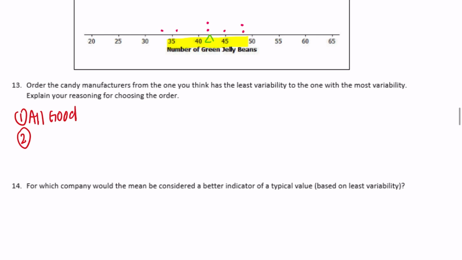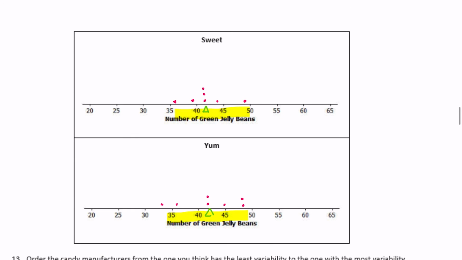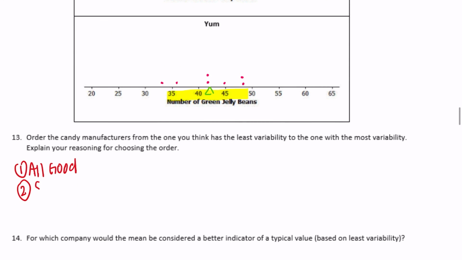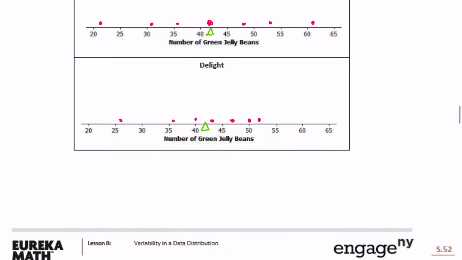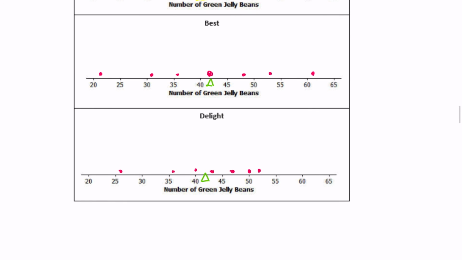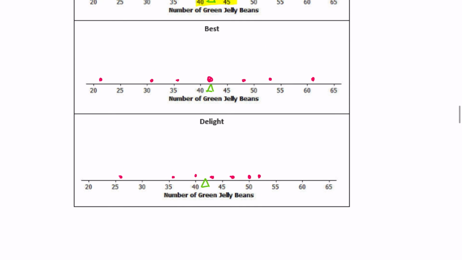All Good. Then 2, it's a toss-up between Sweet and Yum, but I'm going to go with Sweet because it has 3 that are exactly the mean. And then I'll make Yum number 3. 4 and 5 between Delight and Best. Best has a greater variability.